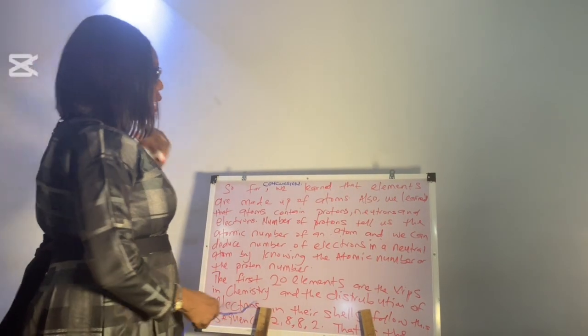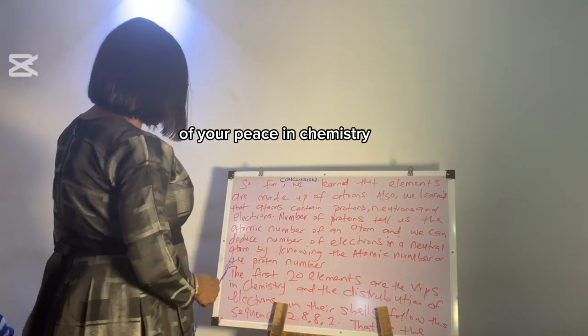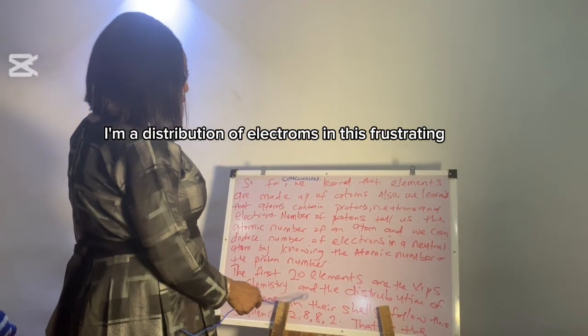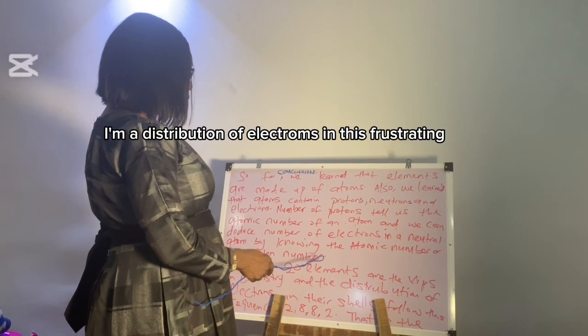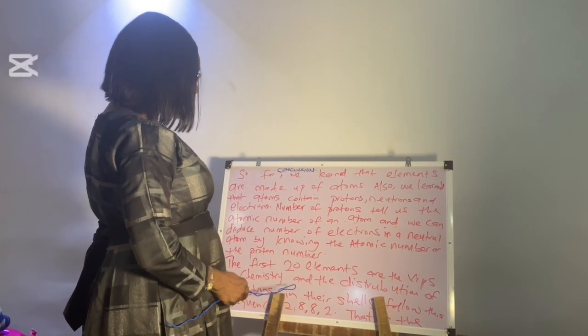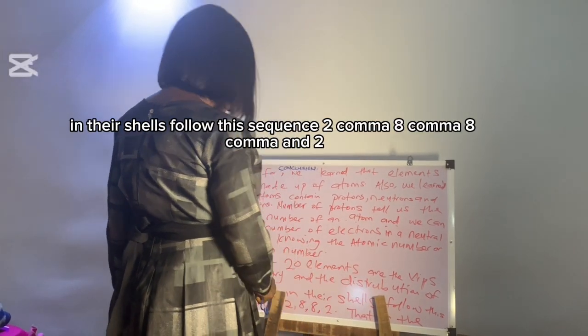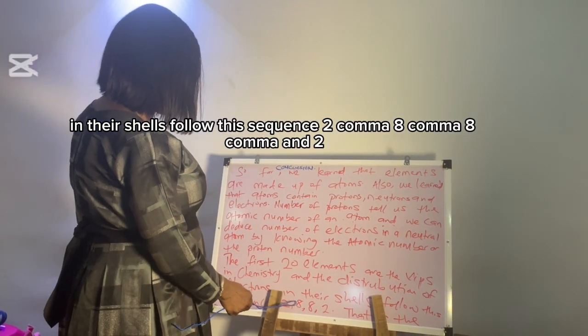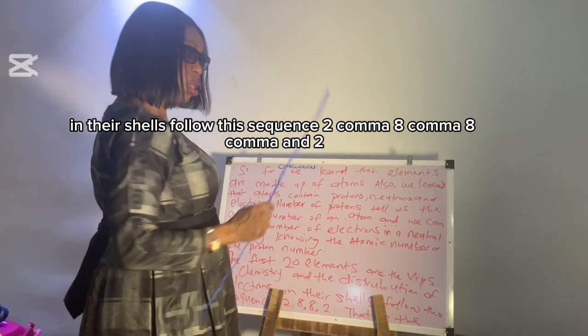So the first 20 elements are the very important personalities or VIPs in chemistry, and the distribution of electrons in these first 20 elements, in their shells, follows this sequence: 2, 8, 8, and 2.